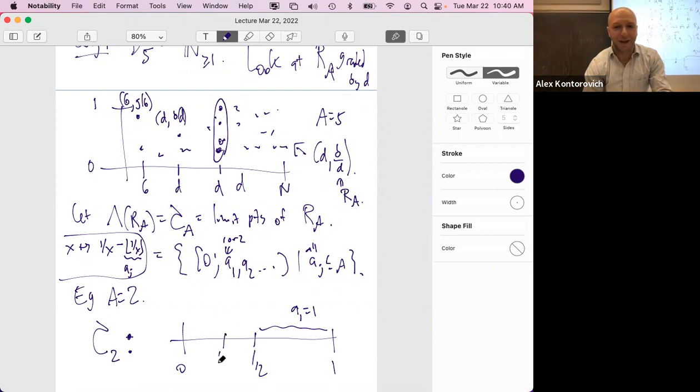Okay, so between a third and a half, these are the numbers with A1 equal to 2. Any number here has an A1 that's already too large. Its inverse will be greater than 3, and so its first partial quotient will be greater than 3. So these numbers are all removed.